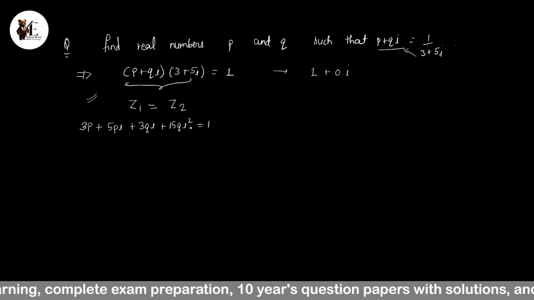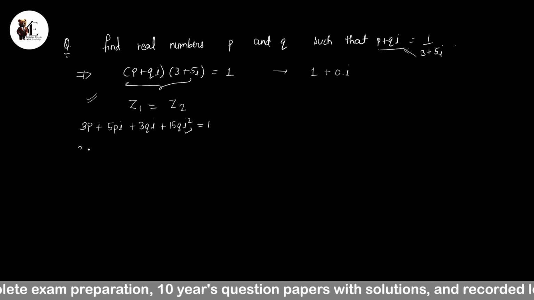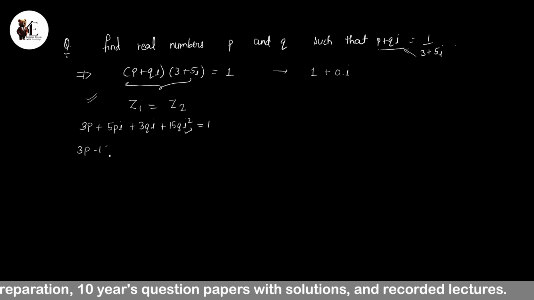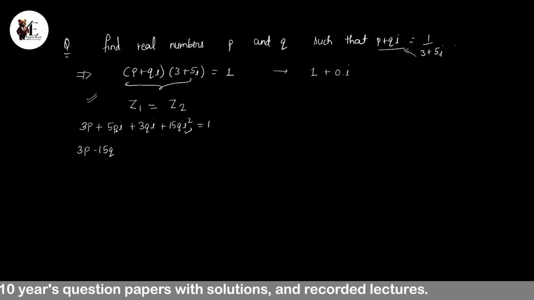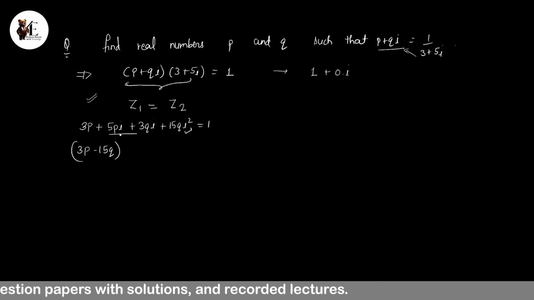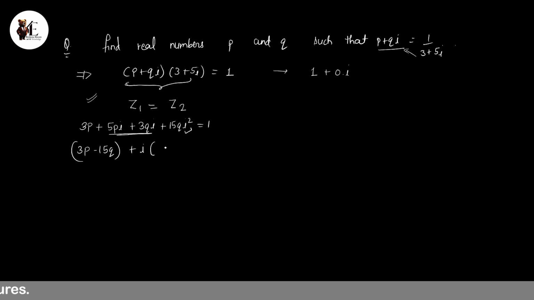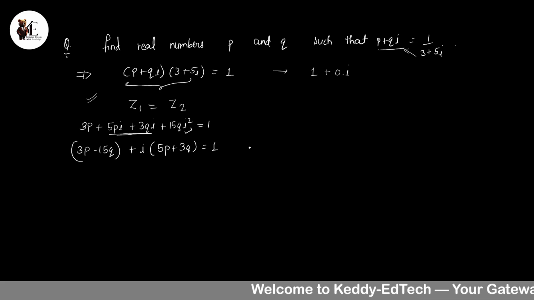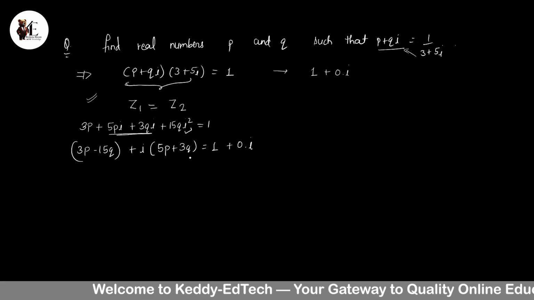So i squared will be -1, so this will become 3P minus 15Q. And in these two terms, I have i. So if I take i as common, that will be 5P plus 3Q is equal to 1, or I can write 1 as 1 plus 0 into i. So now it is in the simplest form.